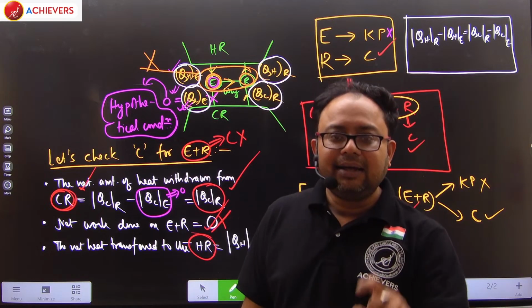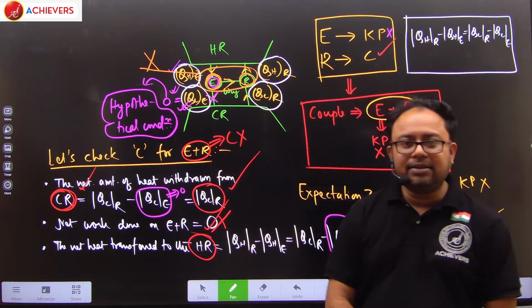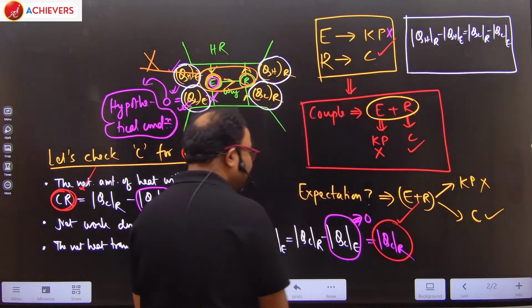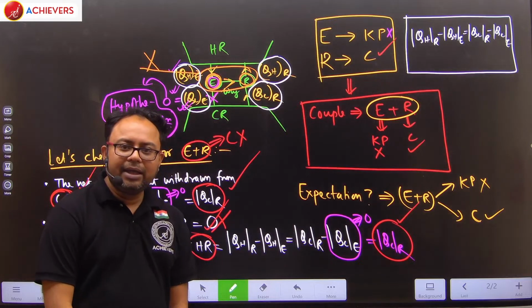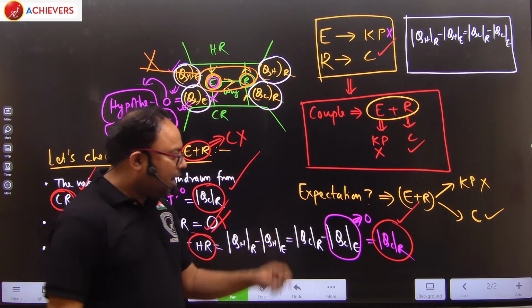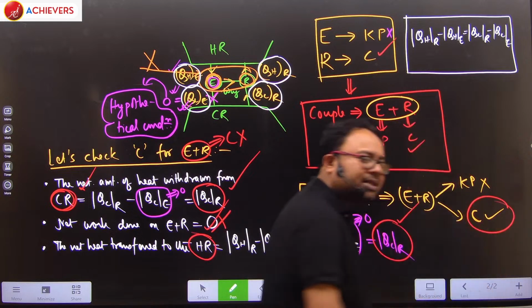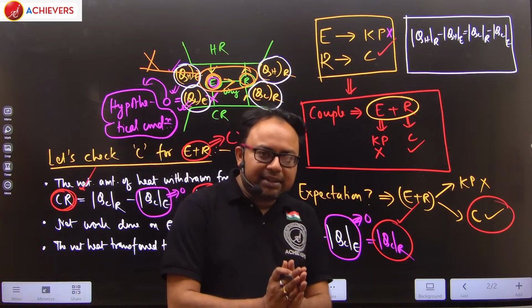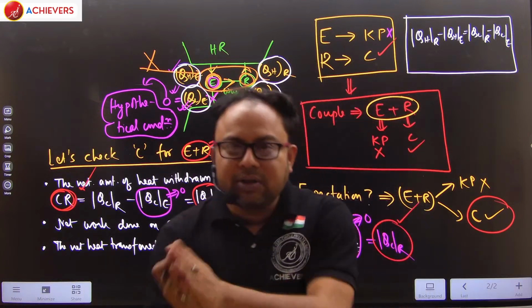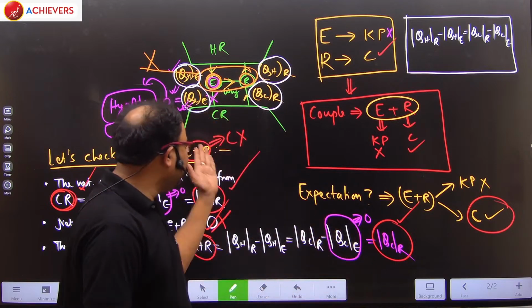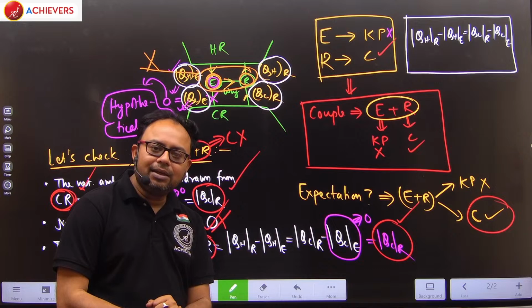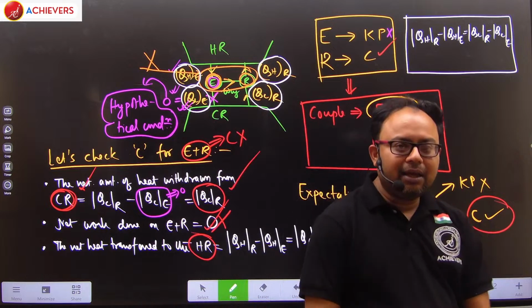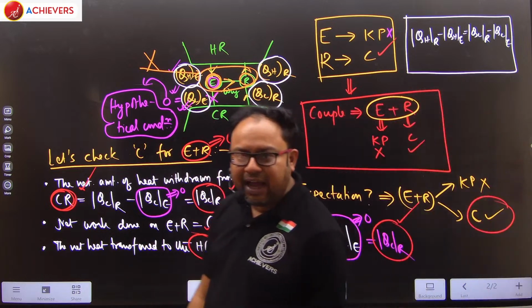So you can say that E plus R is violating C. But our expectation was that E plus R should follow C. So there is a contradiction.